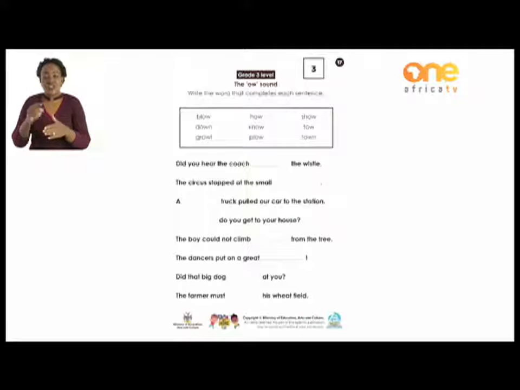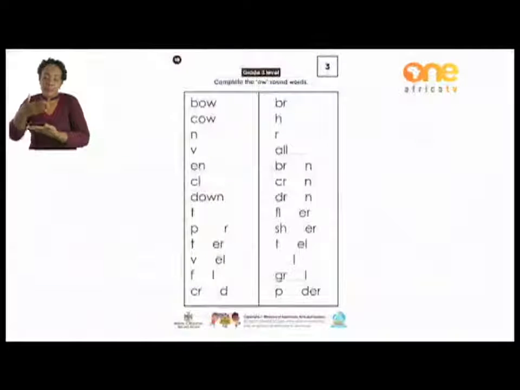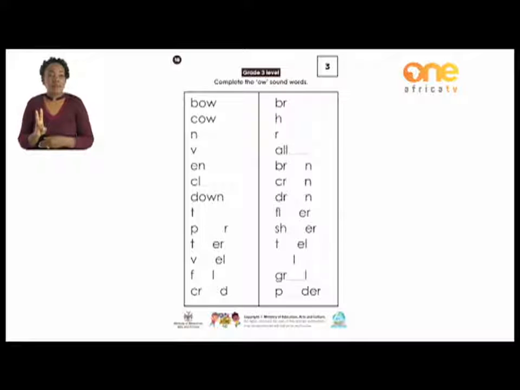Now let's turn to page 18, grade 3s, where we are going to fill in the sound O to make sound words. Okay? We'll make words by filling in the sound O. We are given 2 examples.